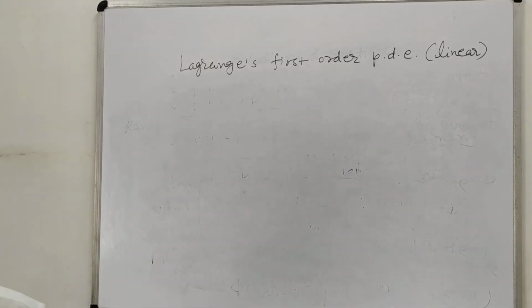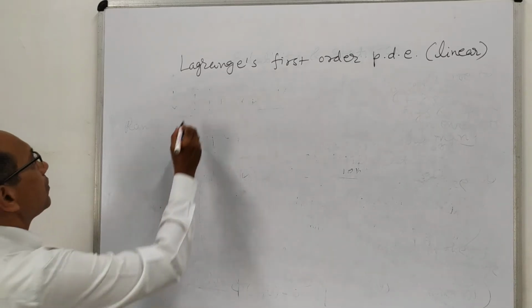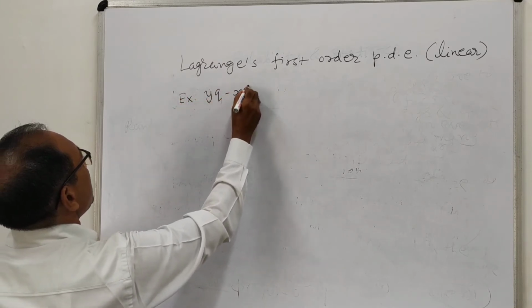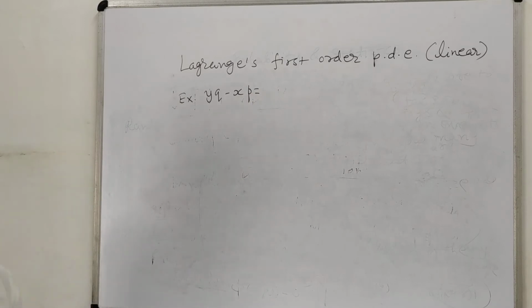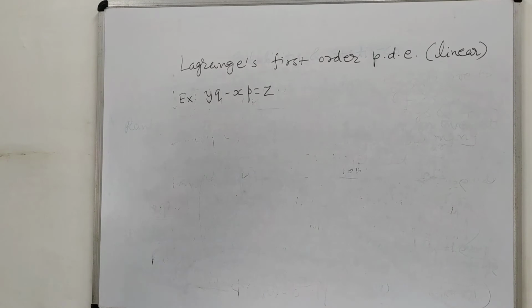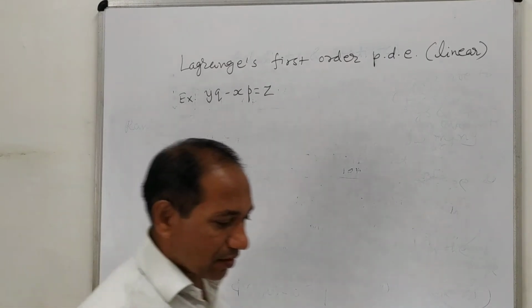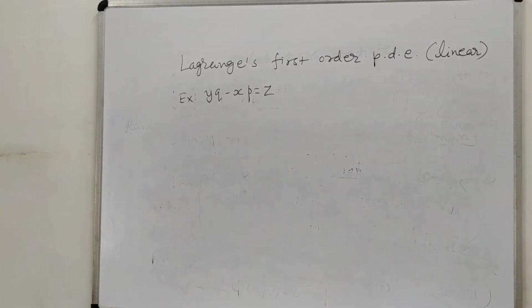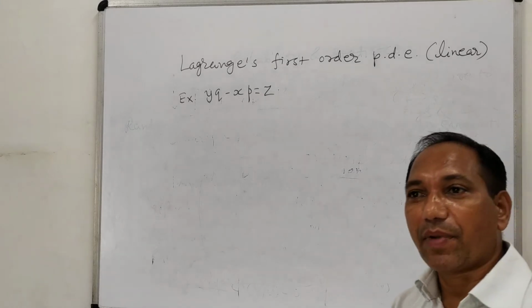Let us see one example. Suppose we are given (y cube minus x) p equal to z. Now we want to solve this very simply. As I told you, once you are clear on obtaining the two different solutions u equal to c1 and v equal to c2, see which method can be applied more easily.